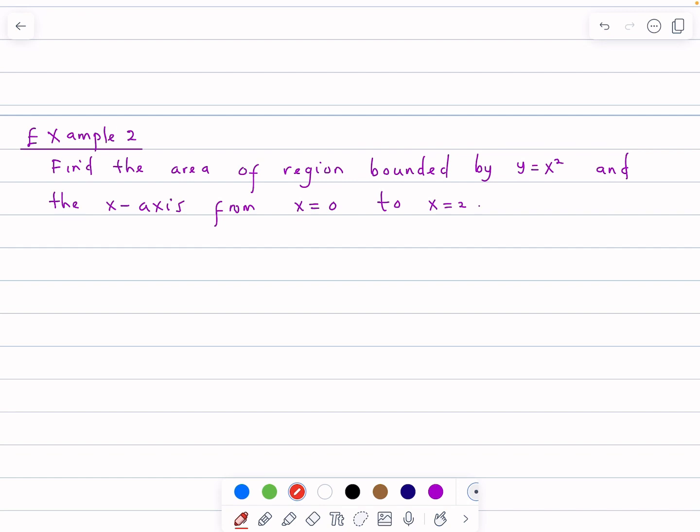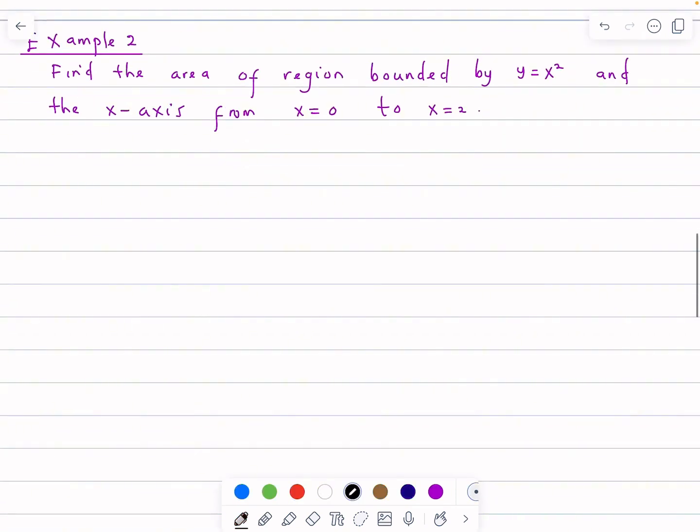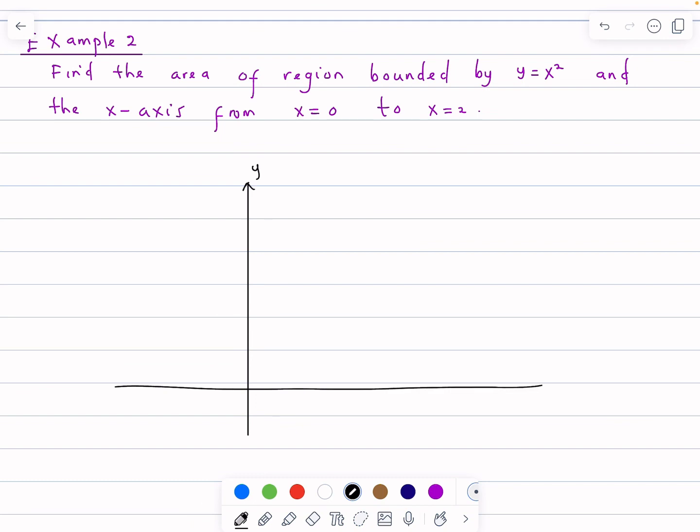Find the area of the region bounded by y is equal to x squared. It's just a little bit different from the first example. The first example is y is equal to x. This one is y is equal to x squared. So now let's graph this. This is my y-axis, and this is my x-axis.